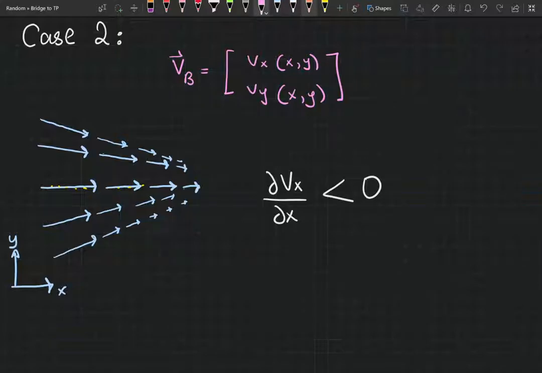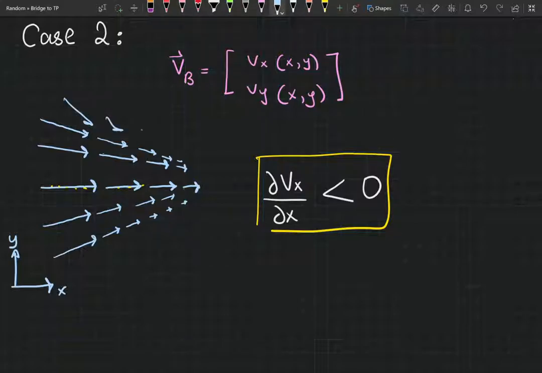I hope you guys can see that. Now what happens as we move in the plus y direction? You can see that the angle of arrows goes below horizontal. The arrows start pointing in.